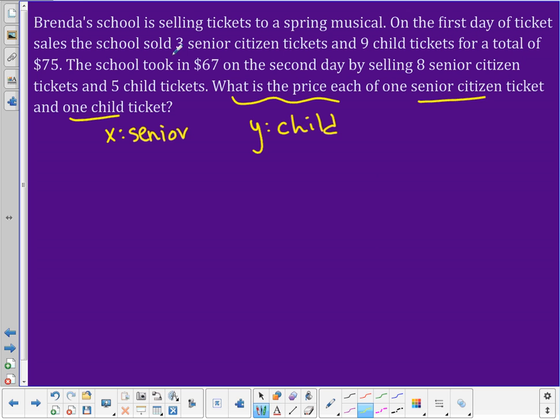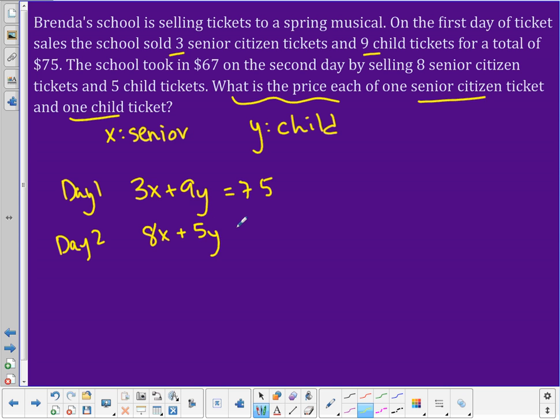So I have 3 senior citizen tickets, that's 3X, and 9 child tickets, that's 9Y, for a total of $75. That's day 1. Then day 2 was 8 senior citizen tickets, so 8X, and 5 child tickets, 5Y, for $67. That's the system that I have to solve.